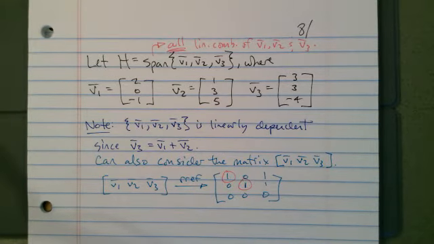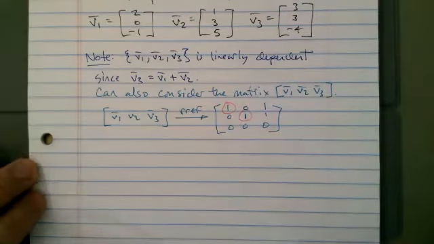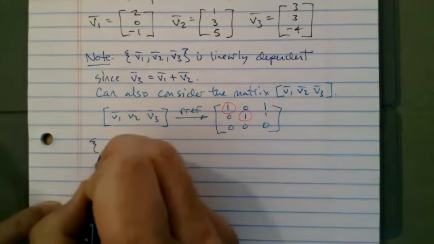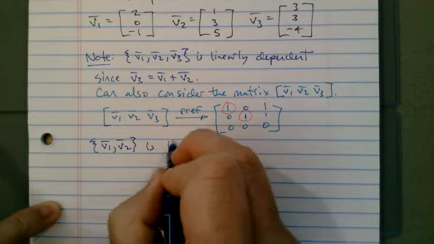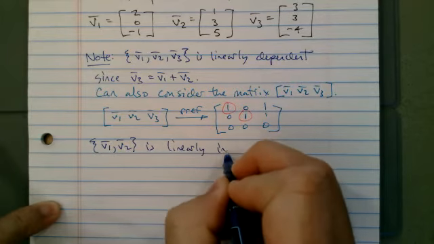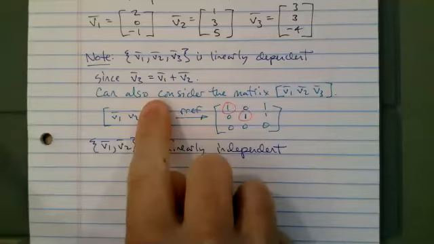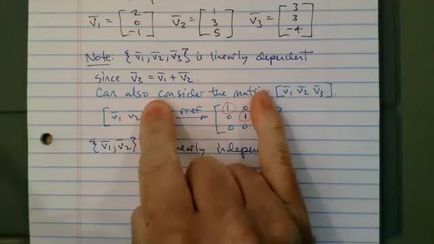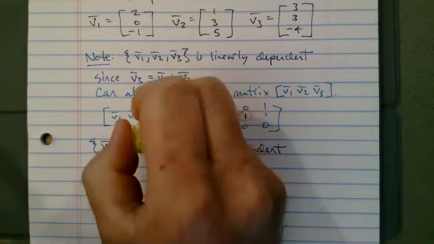If I get rid of the third vector, I will have an independent set. V1, V2 is linearly independent. Same thing, if I drop this column, I'll have a pivot in every column of the matrix made up of V1 and V2.